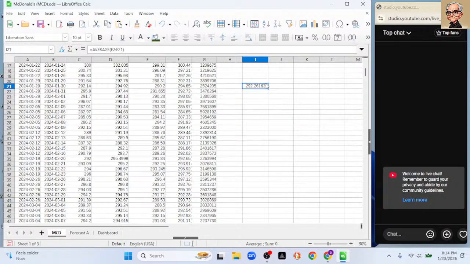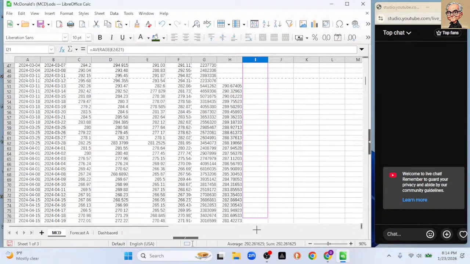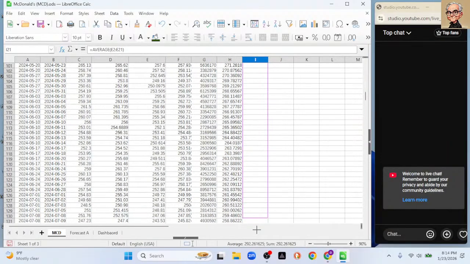So this will be our first stock analysis. Now I don't understand why that doesn't work sometimes. If you know why sometimes it doesn't work, is it because it's too far away from the left-hand column?